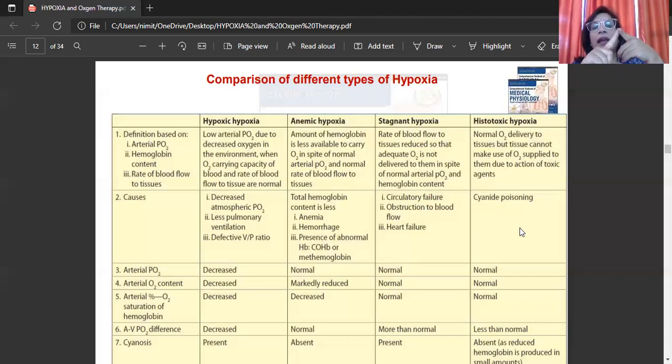In anemic hypoxia, the amount of hemoglobin available is less in spite of normal PO2. This you have to remember. It will be seen in anemia, hemorrhage, and presence of any abnormal hemoglobin. Arterial PO2 will be normal, and arterial oxygen content will be markedly reduced.